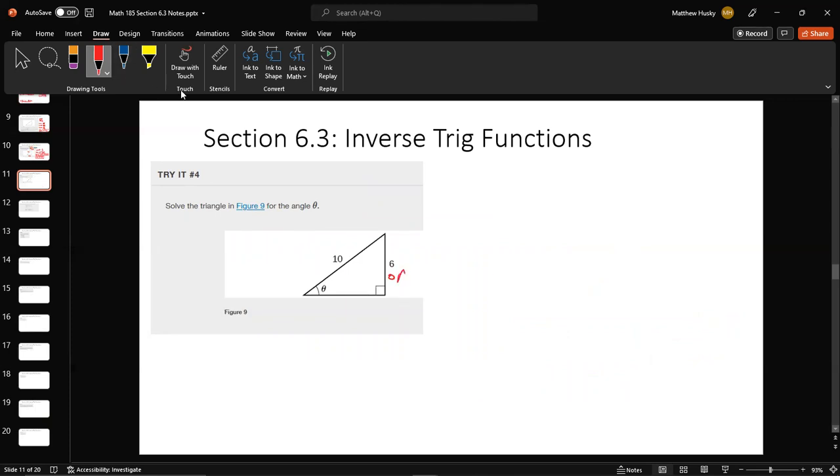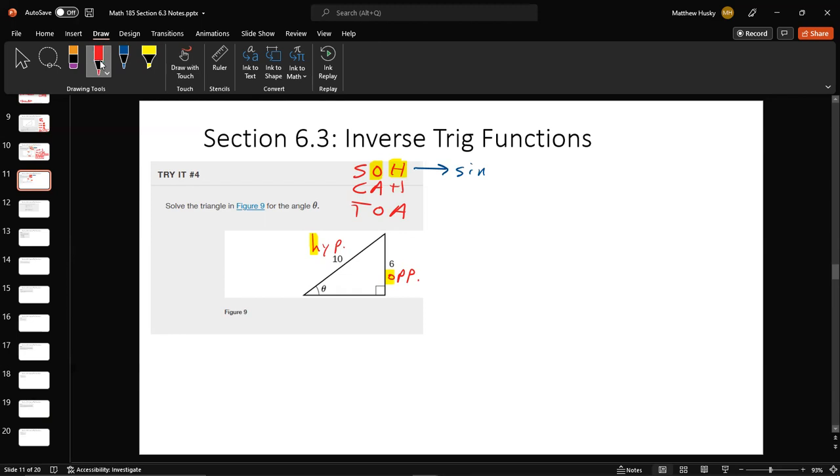That is the opposite side. Again, we're across from the right angle, which makes this one the hypotenuse. And so if we go back to SOHCAHTOA, you will notice that in this problem, I have the opposite and I have the hypotenuse. So opposite and hypotenuse tell me I need to use sine.